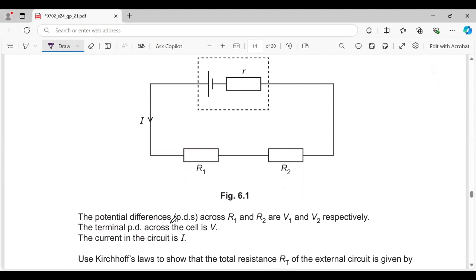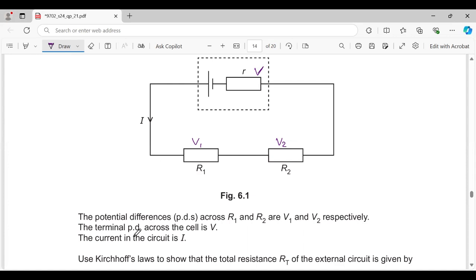Potential differences across R1 and R2 are V1 and V2 respectively. The terminal potential difference across the cell is V.